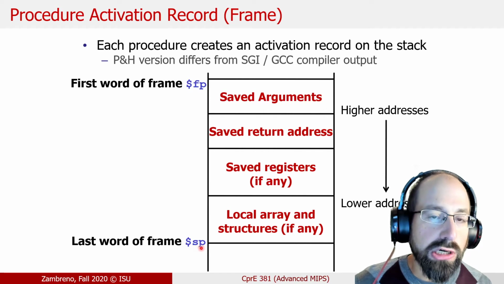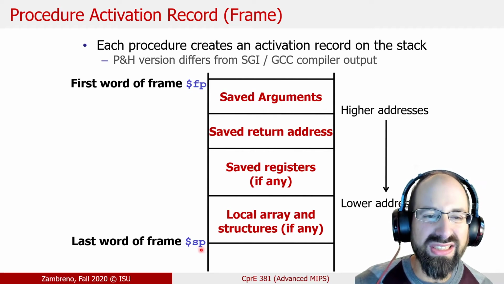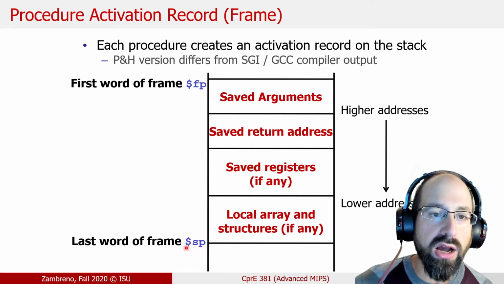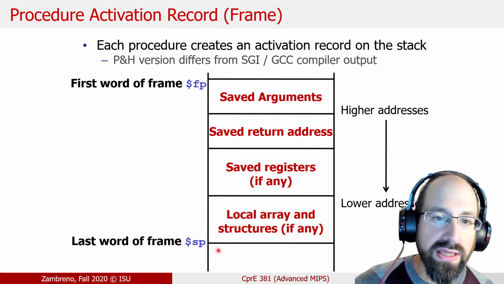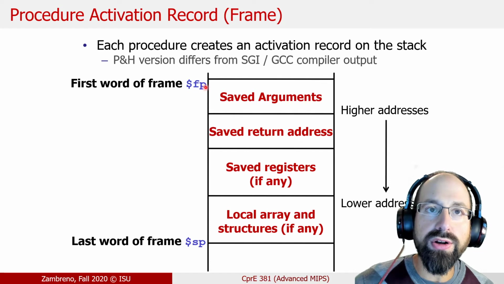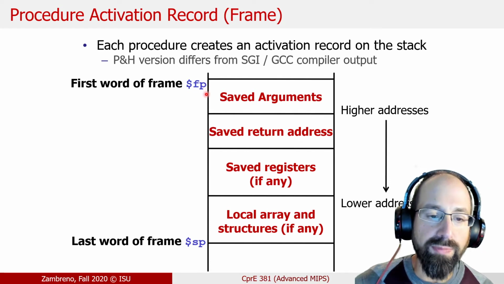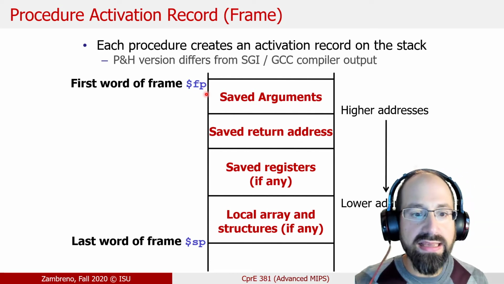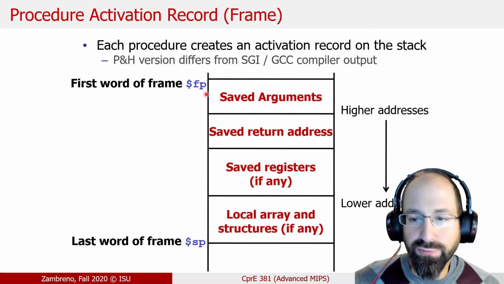And then we have these two general purpose registers that are dedicated just to do the bookkeeping, keeping track of, in the case of MIPS, the SP stack pointer to keep track of the last word of a given frame, and the frame pointer to keep track of the first word of a frame. I had mentioned, and this is very much the case, that you don't actually need a frame pointer.